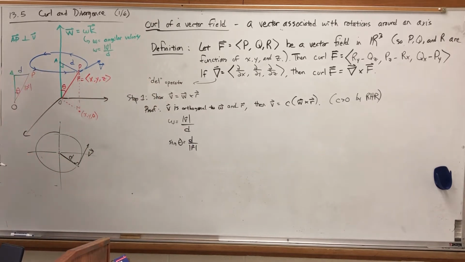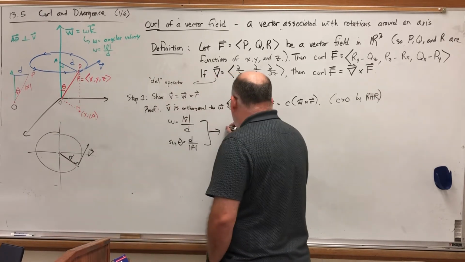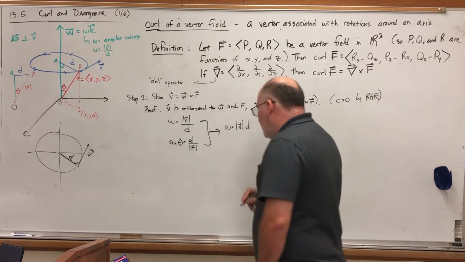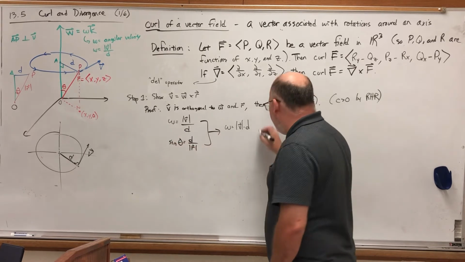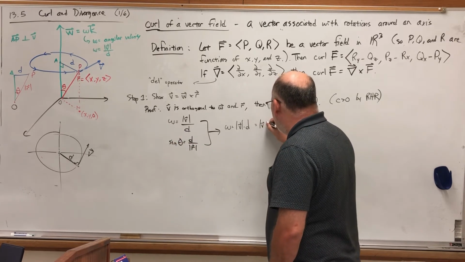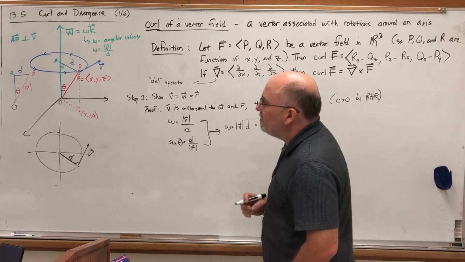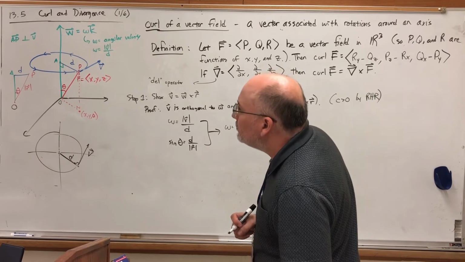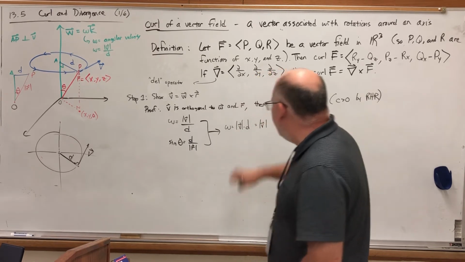Well, we can fuse these two things together and eliminate the D. So both of these together imply that omega is equal to the magnitude of V times D. But if we solve the second equation for D, it says magnitude of R times sine theta. So magnitude of V, something's a little fishy here. I've got my notes on the sideboard over there. What's going on here? This equation's wrong.